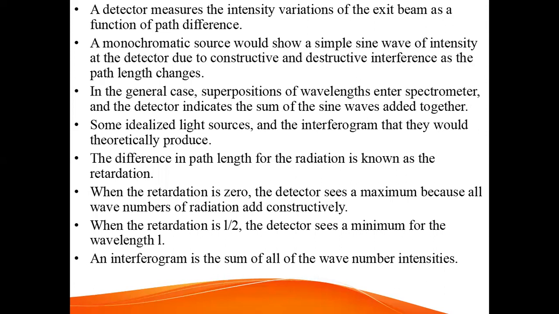The difference in the path length for the radiation is known as the retardation. When the retardation is zero, the detector sees a maximum because all the wave numbers of the radiation add constructively. When the retardation is 1 over 2, the detector sees a minimum for the wavelength 1, and the interferogram is the sum of all the wave number intensities.